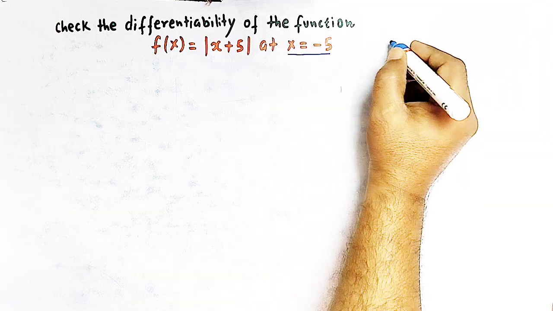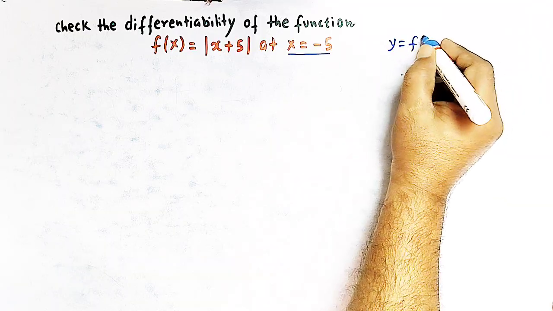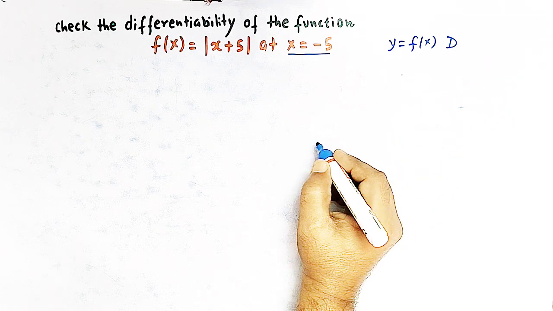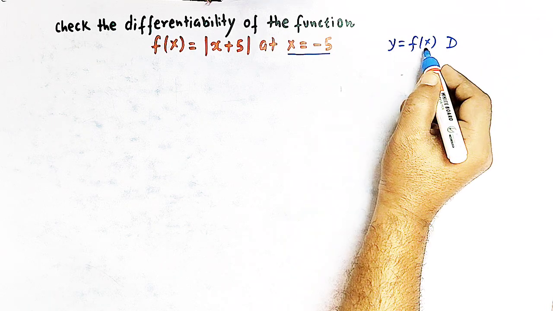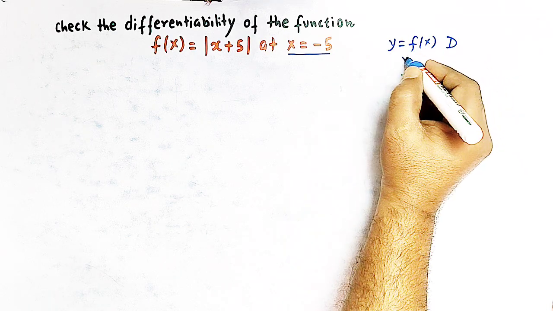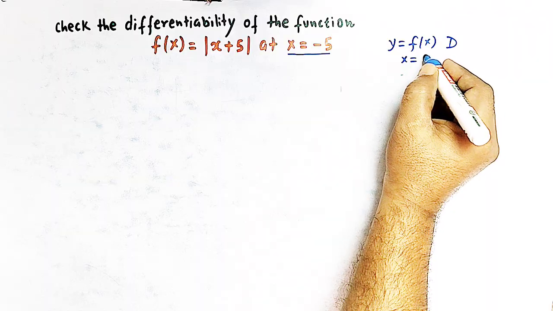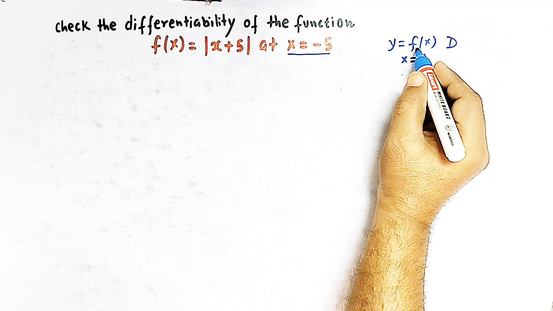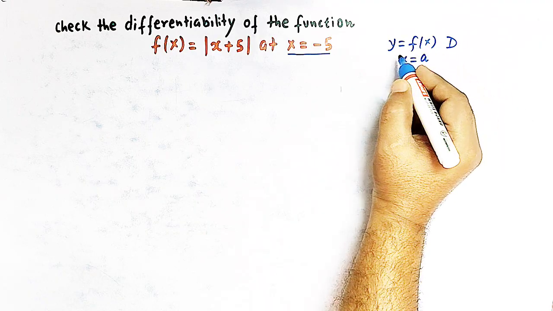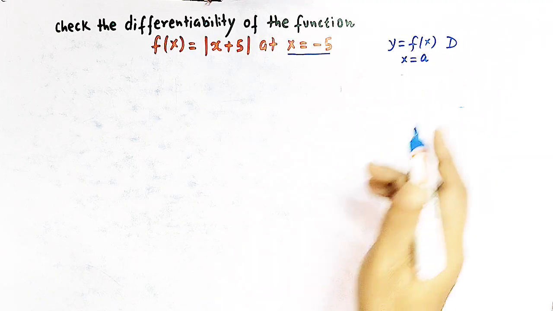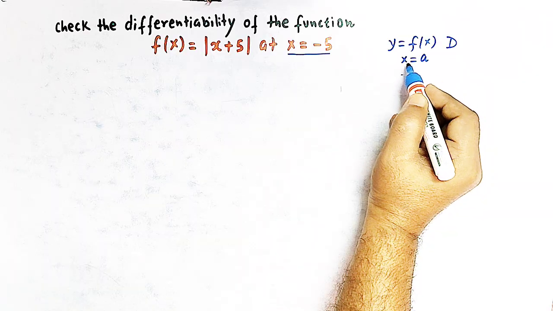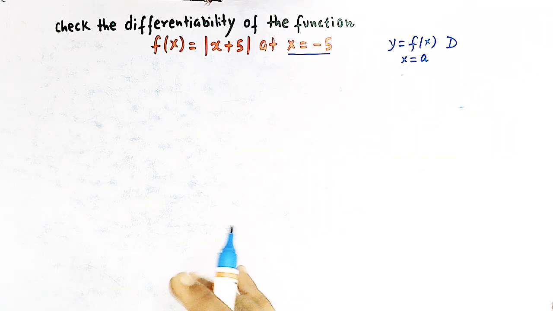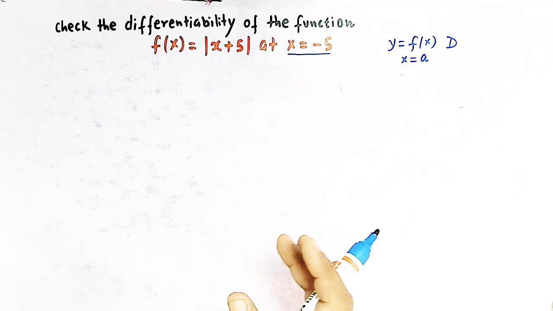Now consider a function y equal to f of x, which is defined in some domain D. This function is said to be differentiable at some point x equal to a belonging to the domain if the right hand derivative and the left hand derivative of this function at x equal to a exist, and both the derivatives are equal to each other.